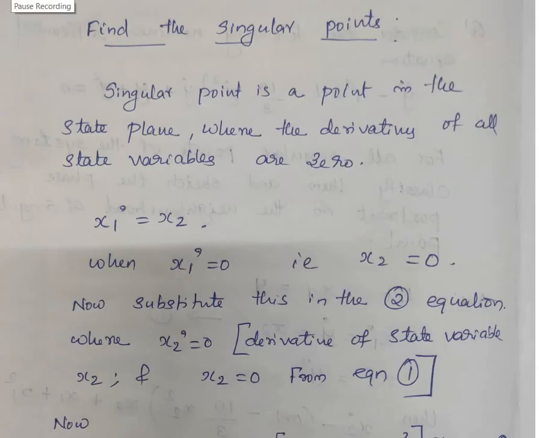After writing the state equations of the system, we have to find the singular points of the system. So, what is a singular point? That we have already discussed in the Lyapunov stability.